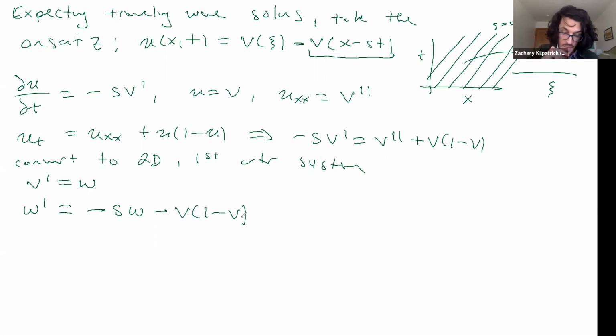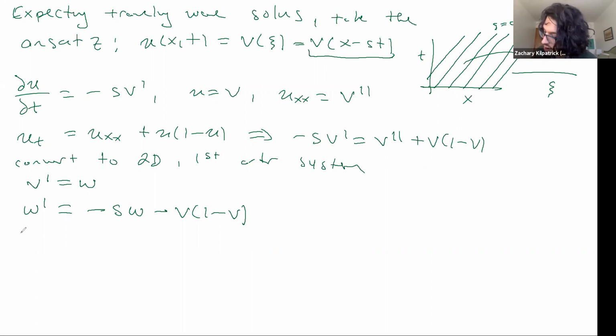All right. So how do we understand these solutions in this case? It turns out that the equilibria give us some information to start with, right?